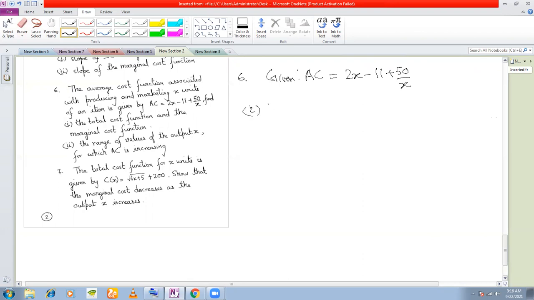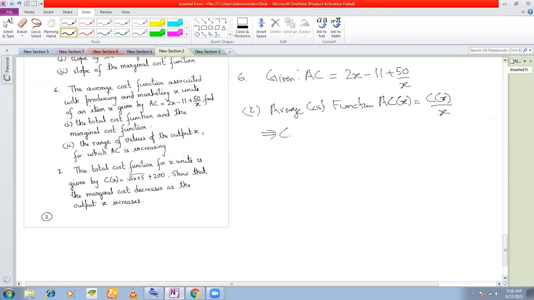Okay, you know that the total cost function C(x), in fact, the average cost function AC(x) is equal to the total cost function divided by the number of units.